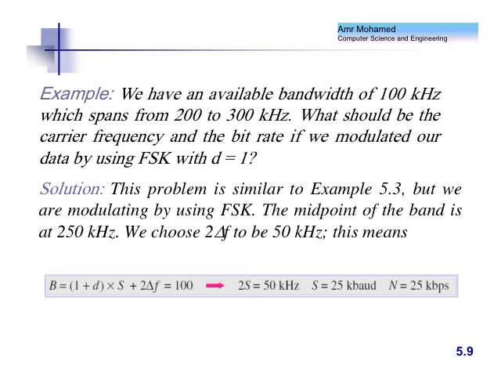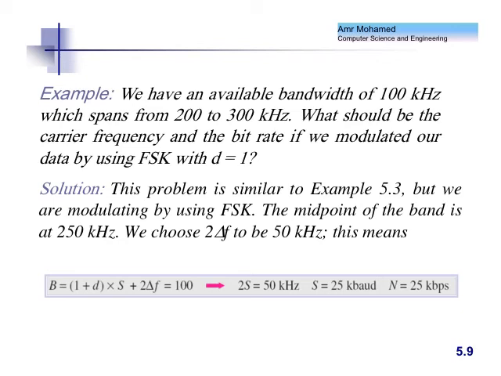What should be the carrier frequency and the bit rate if we modulated our data using FSK in that case? And still D is 1. What I'm trying to do is compare the data rate. Of course, I know in terms of quality, FSK is going to beat ASK, that's for sure. This is much more resistant to noise. In terms of quality, it will be good.